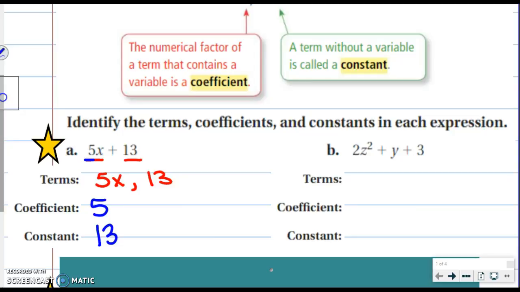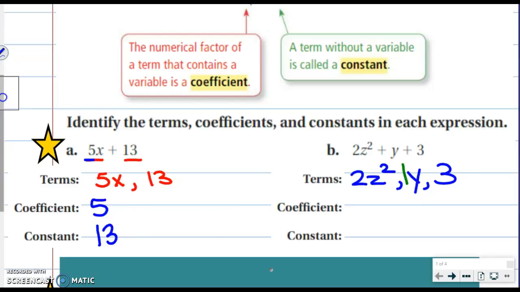When looking at this next example, I have three terms. I have the term 2z squared, y, which is really 1y, because 1 times anything is whatever that value is, and 3. And I'm going to separate my terms with a comma.